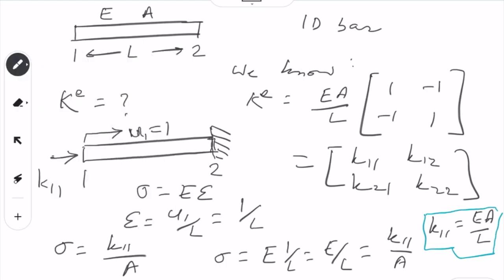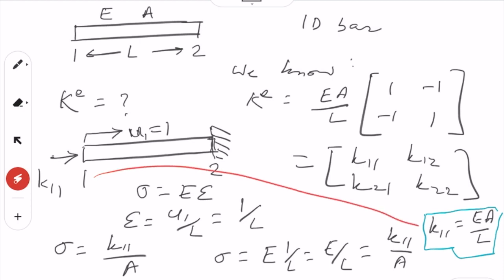Next we have to find out K12. You got K11, which is EA over L multiplied by 1, equal to EA over L only. So you understood a different meaning, and this understanding we can use.